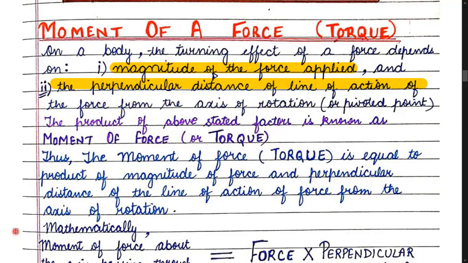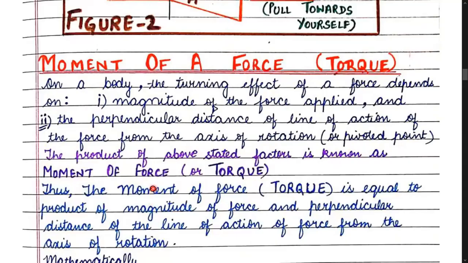Children, just listen carefully. Sometimes when the factors are asked, we usually write that torque depends on magnitude of force and the perpendicular distance. This statement is incorrect. Why so?